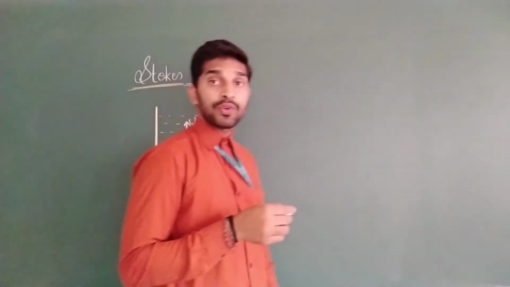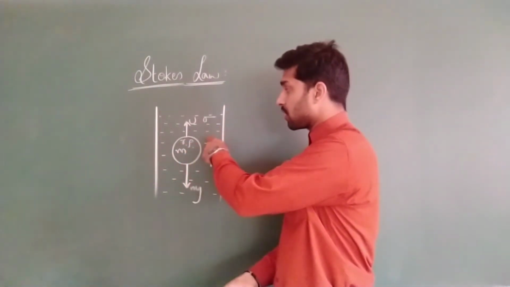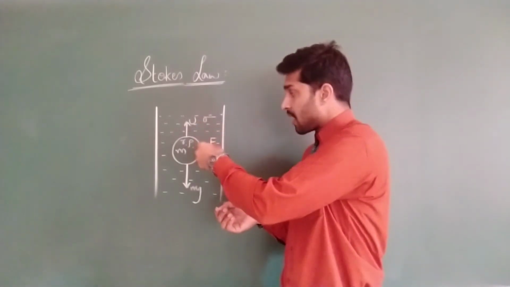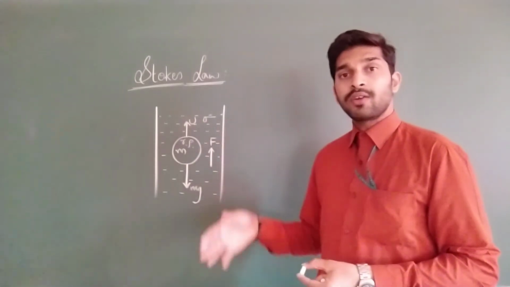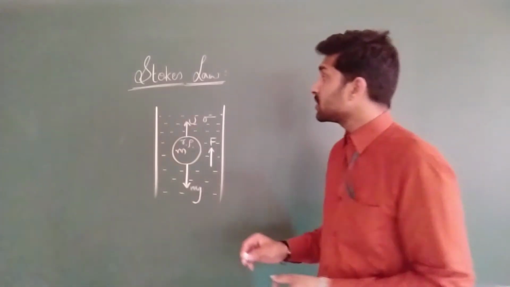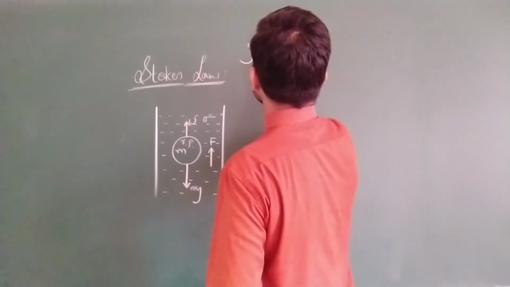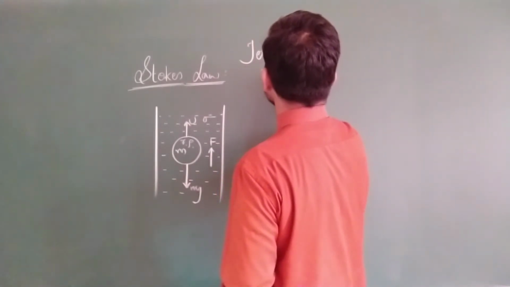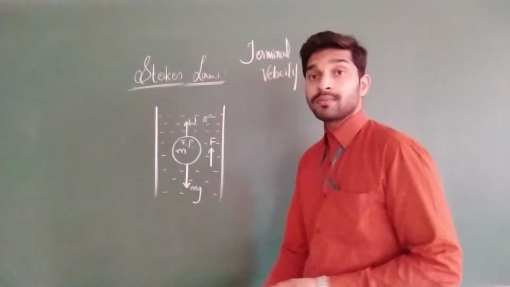And after some time, what will happen, let me tell you. As soon as it enters this column, initially it will be moving with some velocity. And at a particular time, it will try to come down with a constant velocity, which is known as terminal velocity. Clear?